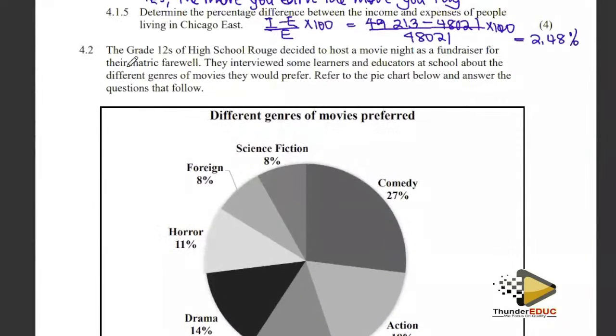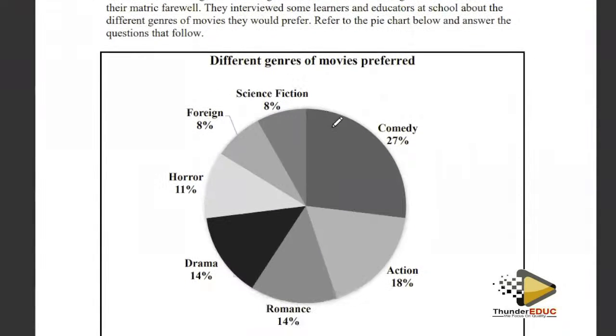We look at the pie chart here. You go on and see grade 12 high school. Amroch decided to host a movie night as a fundraiser for the matric fair, where they interviewed some learners and educators. We see these are the different genres of movies preferred.